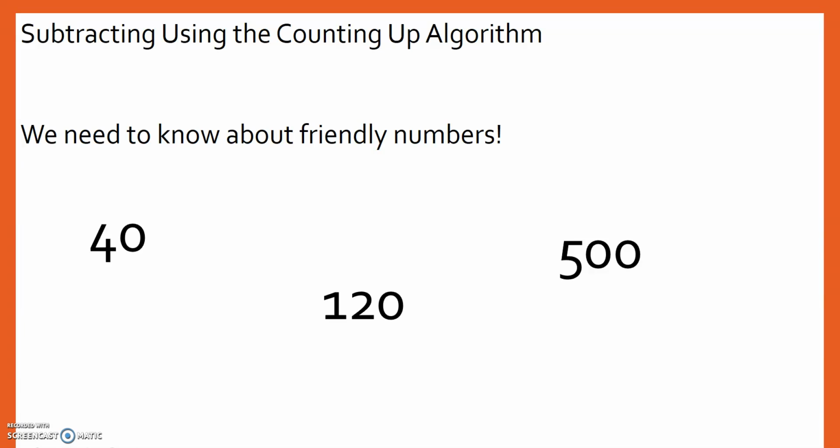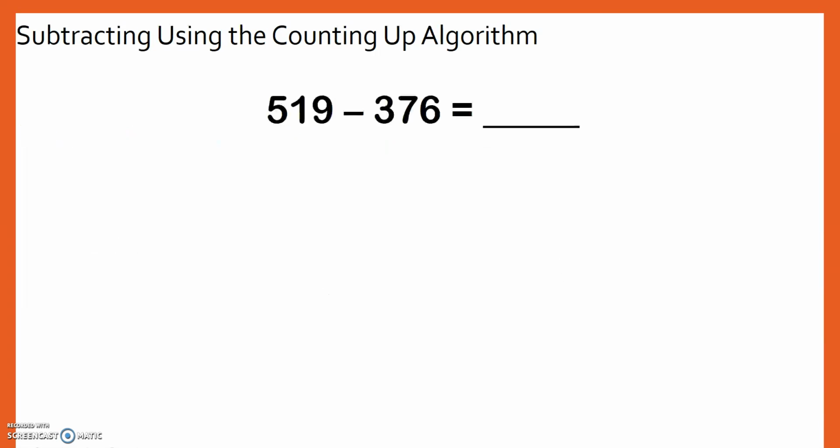And so we're going to be trying to get to these numbers today in order to use our counting up algorithm. So let's start with 519 minus 376. So I'm going to start with my smaller number, 376.